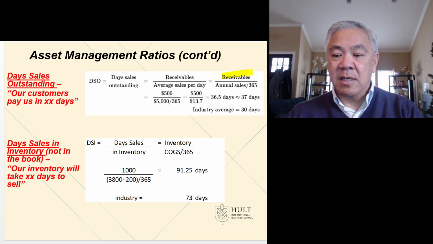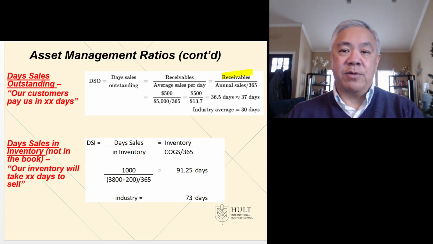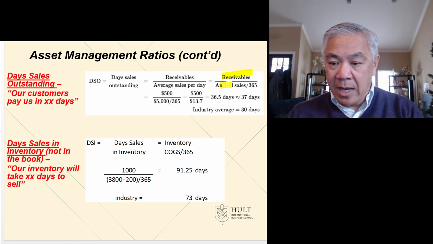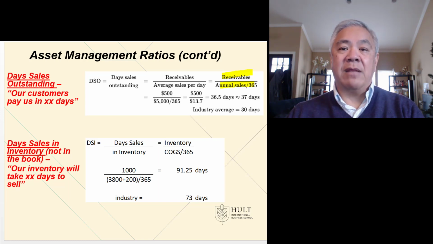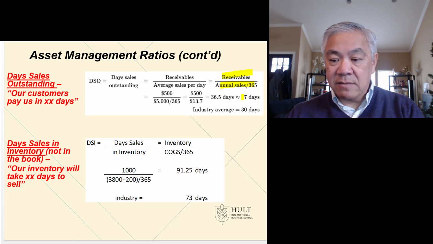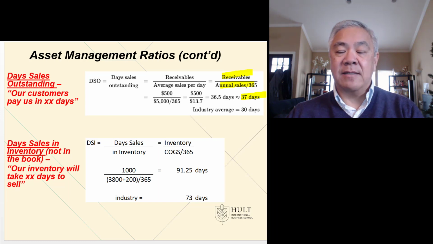We take receivables, and for our purposes for this book, we use the ending accounts receivable balance, and we divide it by annual sales divided by 365. In other words, 1 day's worth of sales. So the result is, in this case for microdrive, 37 days. It means for every receivables, how long does it take us to collect? And the answer is it takes us 37 days.